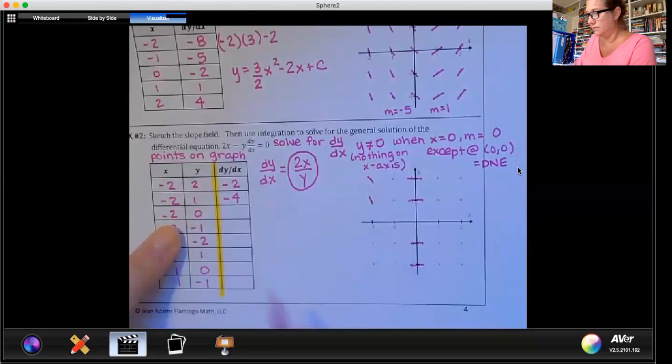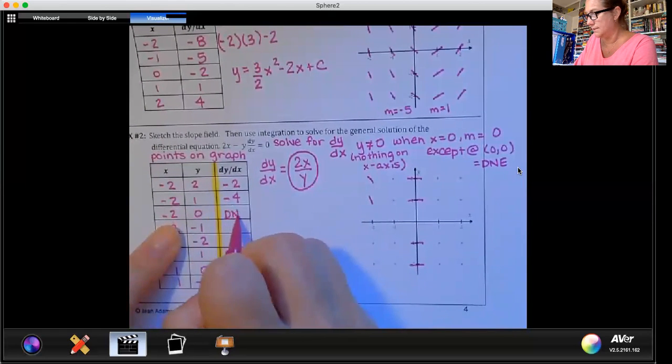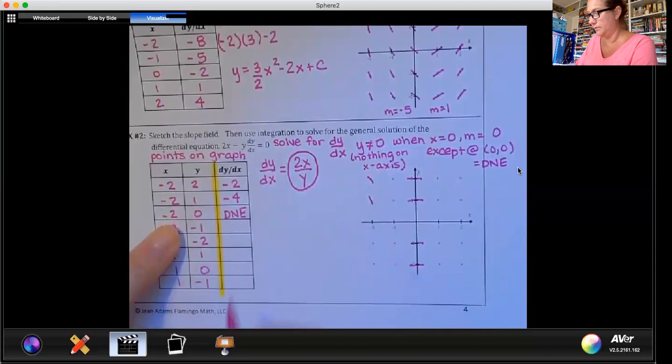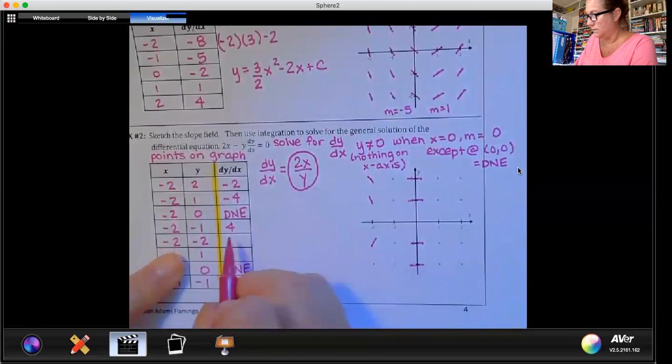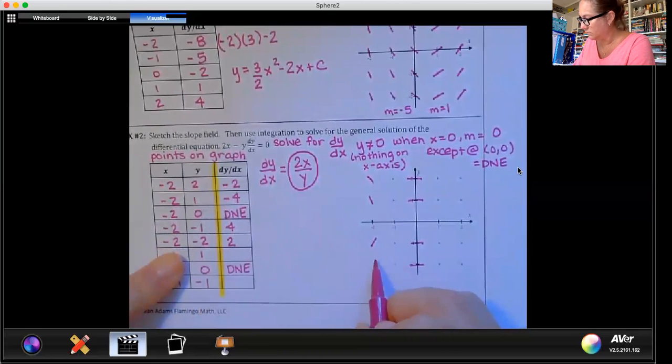At (-2, 0), we know this point does not exist because y cannot be 0. We also know that this one is not going to exist. We can go ahead and fill that in. (-2, -1) is +4, and (-2, -2) is going to be +2.